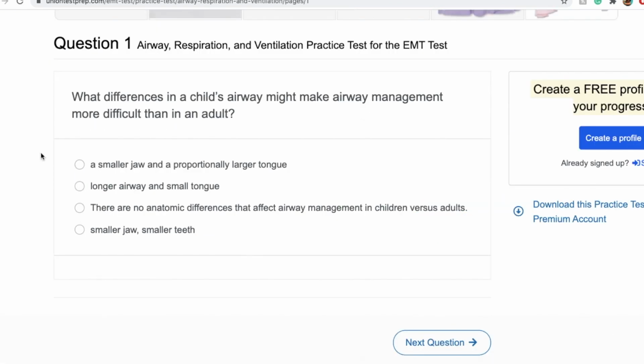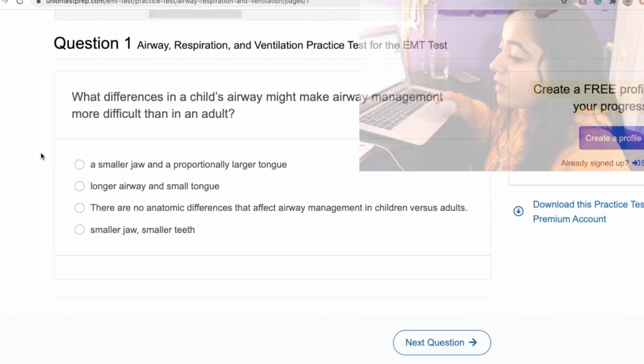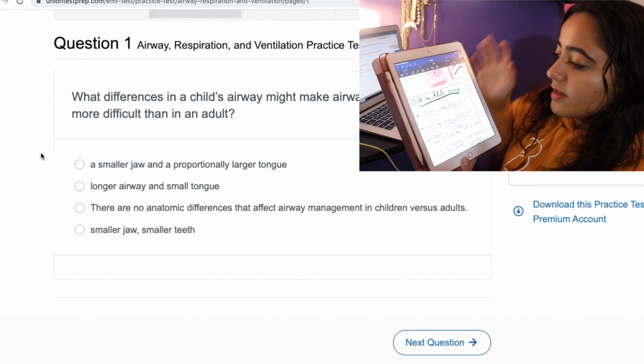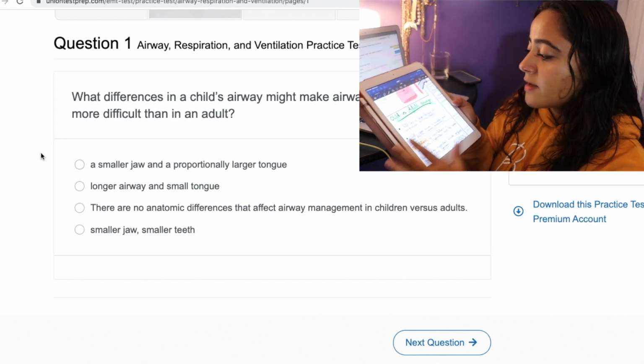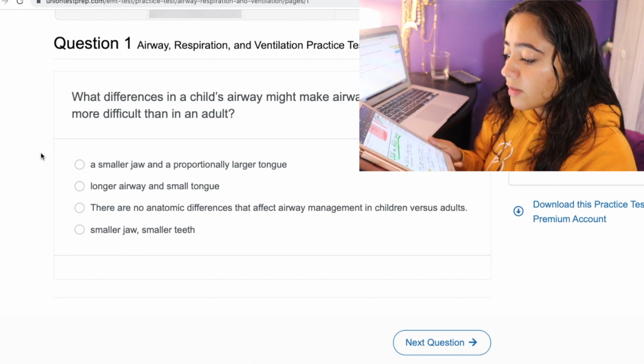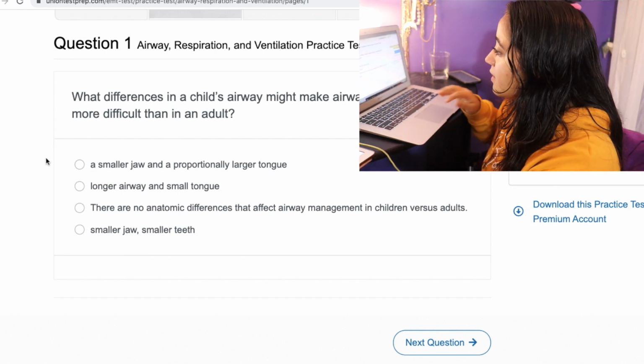Question 1. What differences in a child's airway might make airway management more difficult than an adult? Well, I remember I took notes on this. It's right here. A child has a larger tongue in comparison to the body, and the child's upper airway is smaller and more flexible.